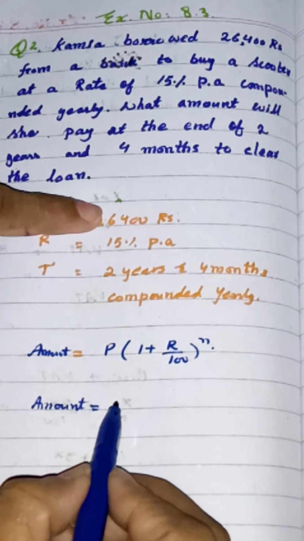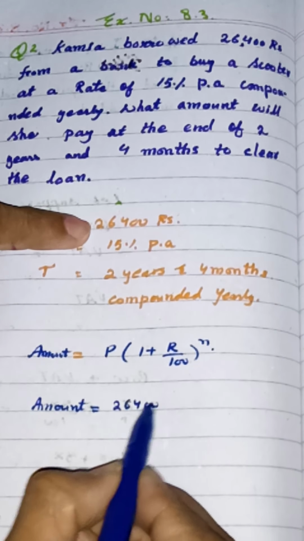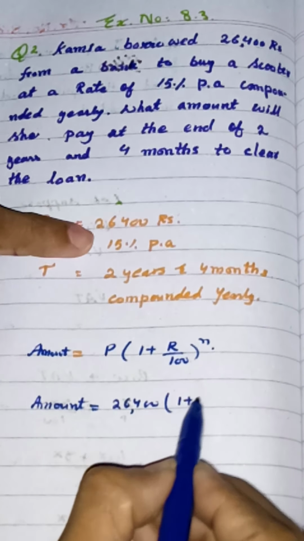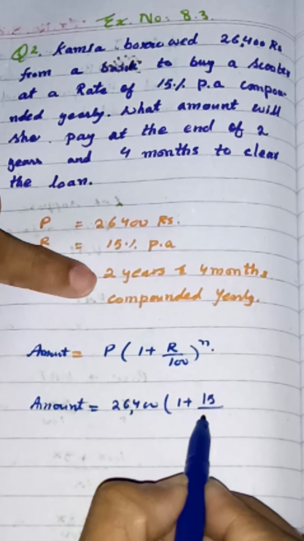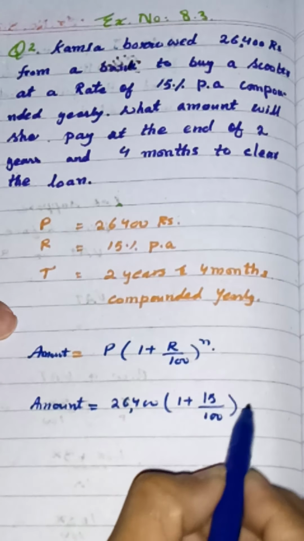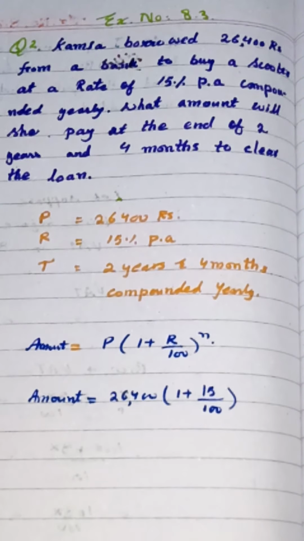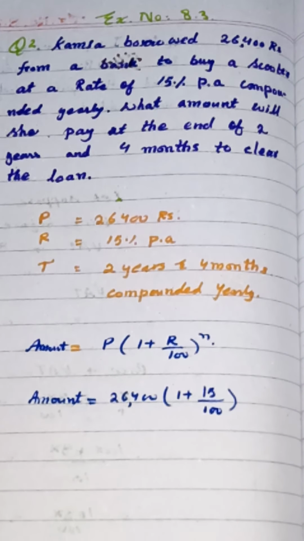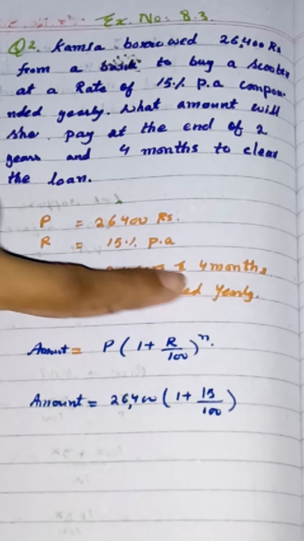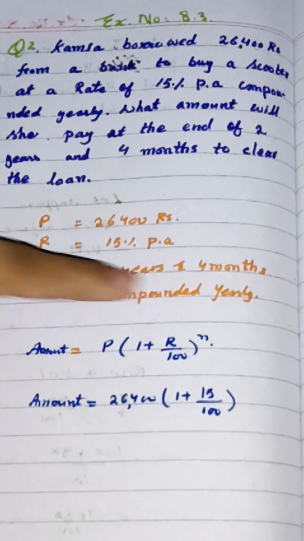Amount equals principal 26,400 times 1 plus rate 15% upon 100, time given 2 years and 4 months. So we cannot take time as 2 years and 4 months at a time. Why?